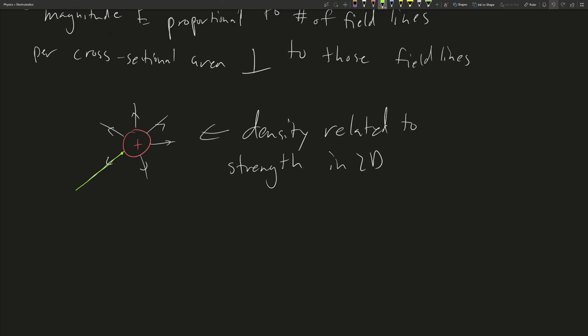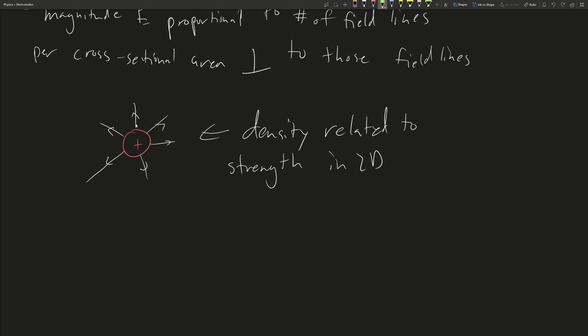And later you'll see that because of this, the equipotential line is perpendicular to these field lines too, but you'll learn about that later when you get to electric potential.